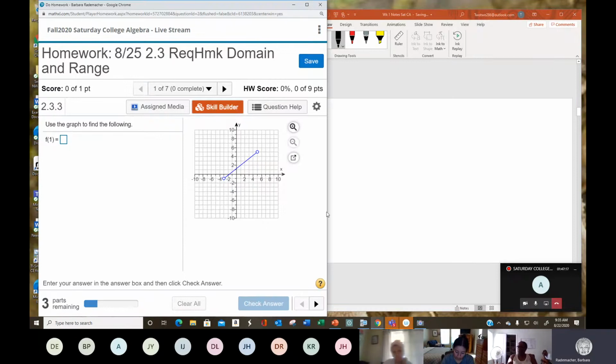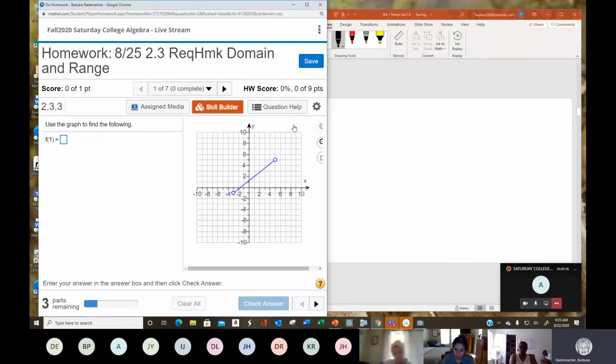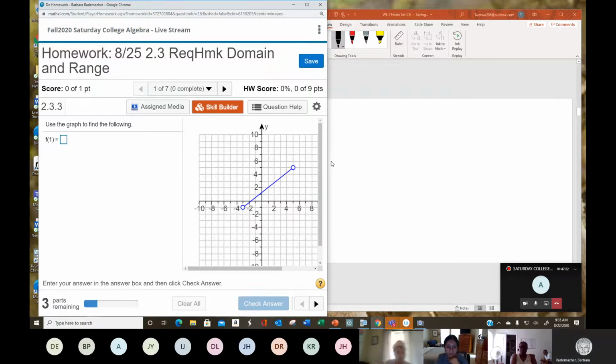So here we are. Here's a picture, a graph. And we're being asked about this graph. We're going to be asked several questions about this.